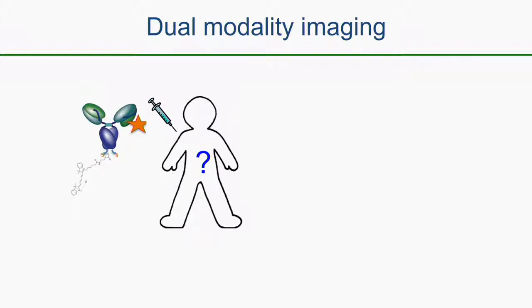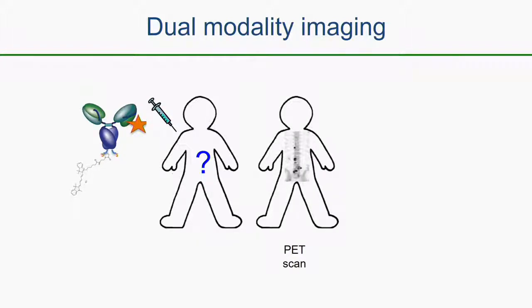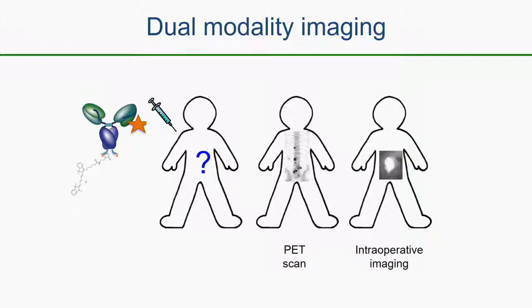And the idea would be if you had a patient who's a candidate for surgery, but you wanted to understand was there disease elsewhere, prior to committing to that surgery, you could inject this tracer systemically, do a PET scan, and determine whether it's just local disease or whether the disease had spread further. If it had not spread and you go ahead and do the surgery, the same tracer would still be there, and you could then use the fluorescent signal to guide the intraoperative imaging, to guide your surgical resection.